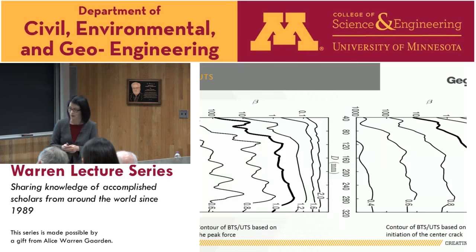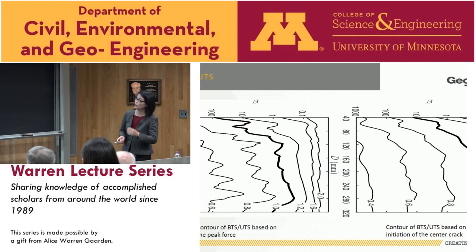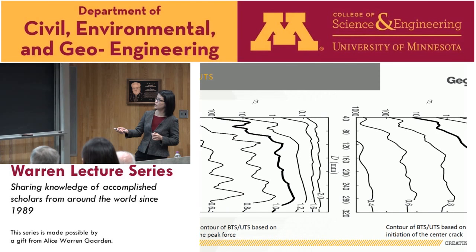So I plotted the Brazilian tensile strength and counterplot with respect to beta. You can translate that to strength ratio and the particle and the sample diameter.